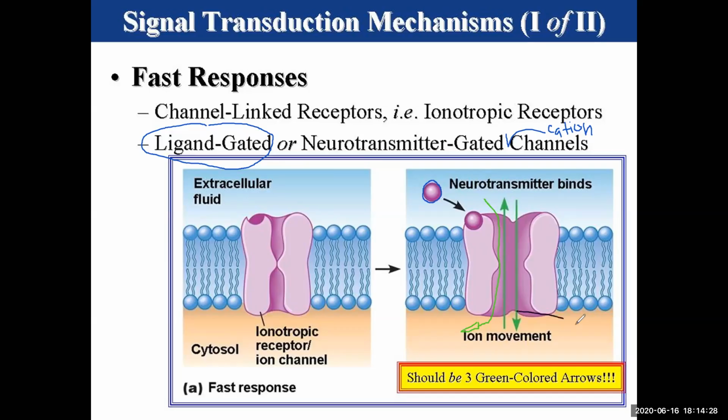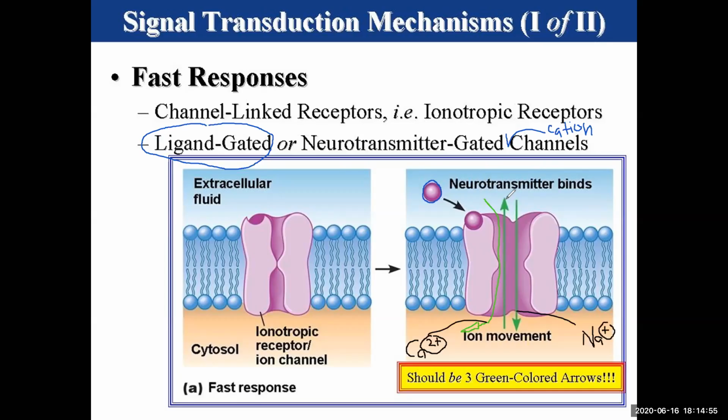This here is for sodium, so we have a sodium influx. This one here is for calcium influx. Calcium carries 2 positive charges, so this is a divalent cation. Sodium is a monovalent cation.